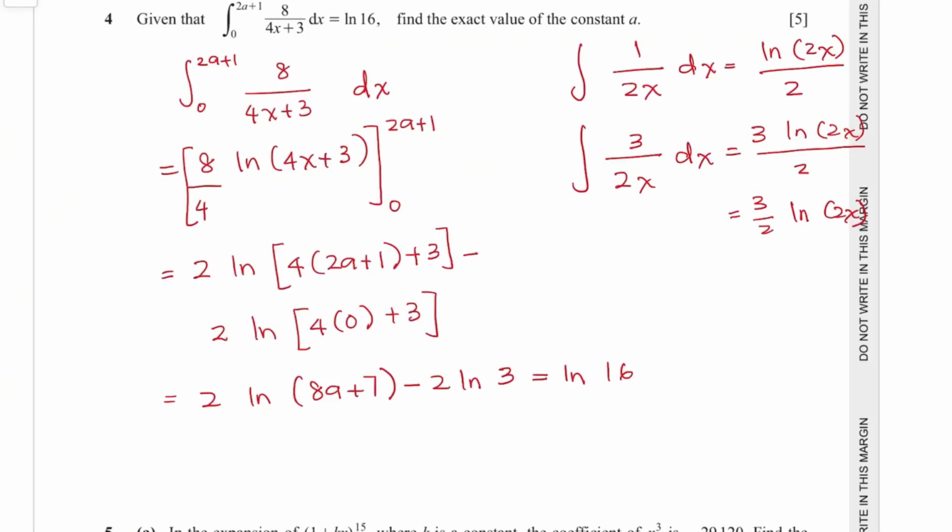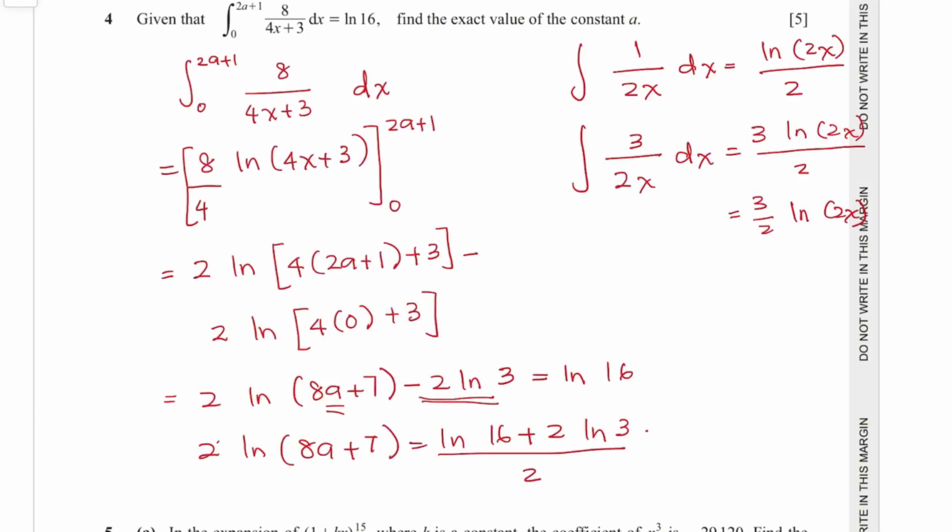So, you want just this part over here, isn't it? Your a. You can move your negative 2 ln 3 to the other side. So it will be 2 ln 8a plus 7 is equal to ln 16 plus 2 ln 3. Then what happens? Divided by 2, you won't be having this 2 anymore.